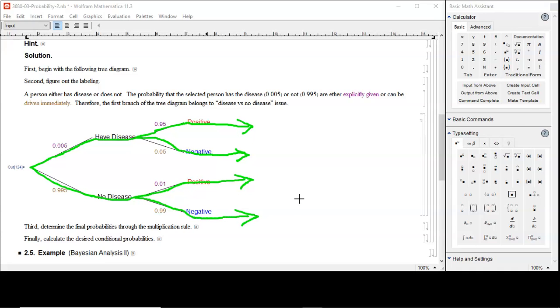And then another multiplication. We have 4 paths, so we have 4 multiplications. So you have the disease and tested positive. You have the disease but false negative. No disease but false positive. No disease and correctly negative. You see, you have 4 paths, so you have 4 multiplications.